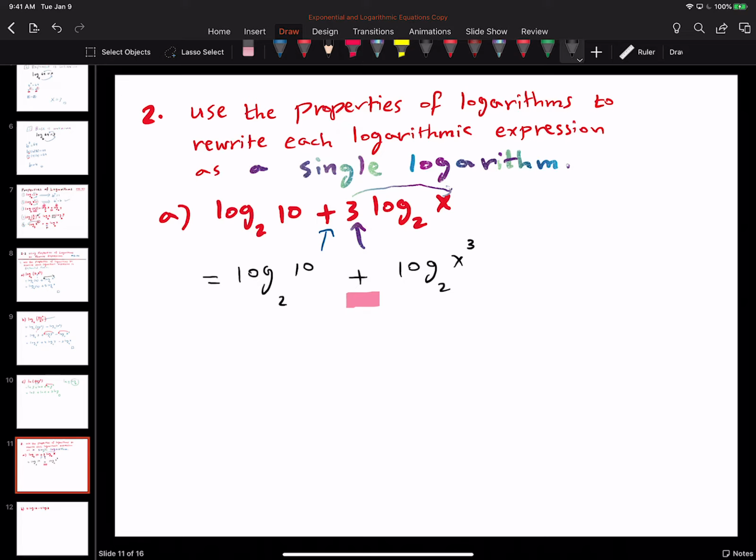So we're going to write this as log 10 multiplied by x cubed, as one piece. In a cleaner look, log 10x cubed. And we're done.